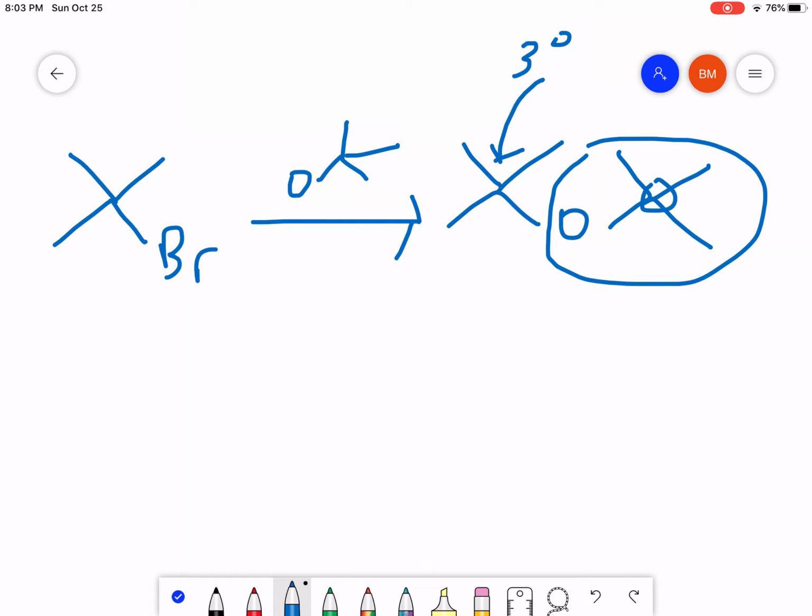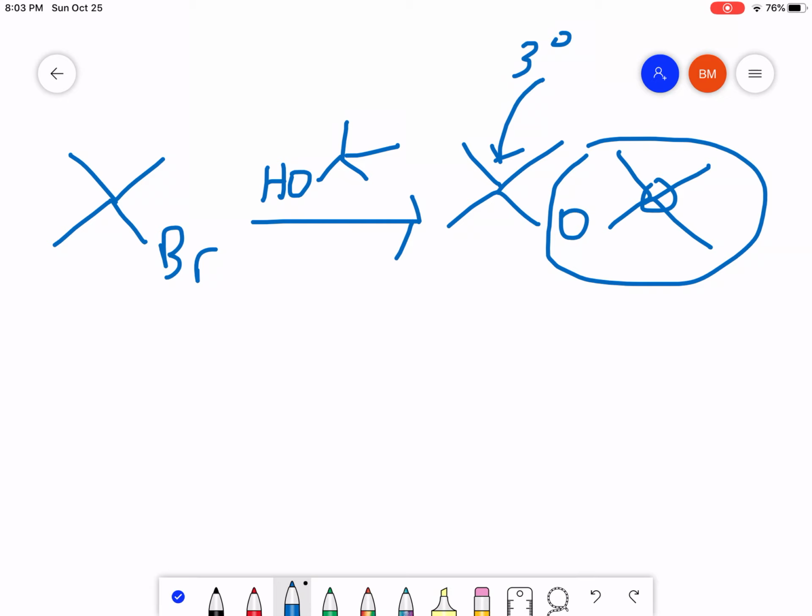Because what works best with tertiary alkyl halides and SN1 reactions? Weak nucleophiles. Alright? So if you remember, we talked about before in some examples with SN1 reactions, we saw that water worked great as a nucleophile, as a source for OH. Alcohols work great as weak nucleophiles. Alright? And that's what we're going to use here. We're going to use an alcohol.